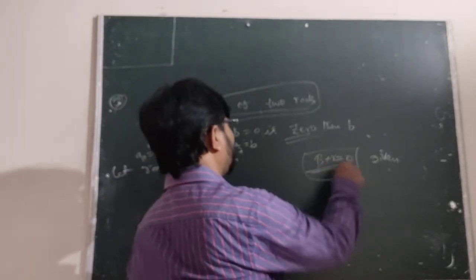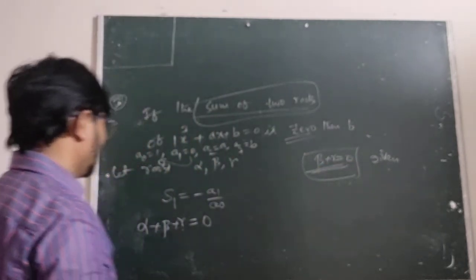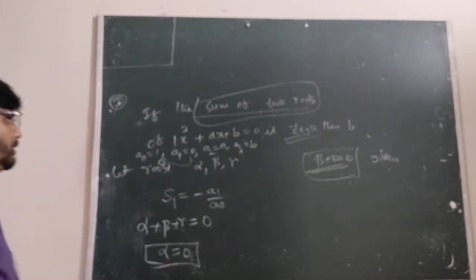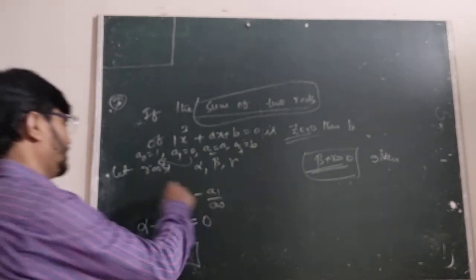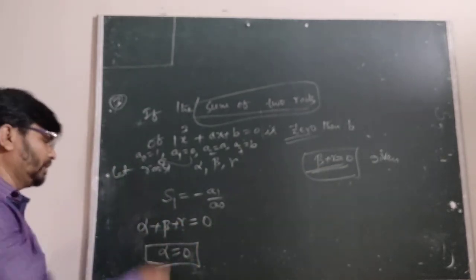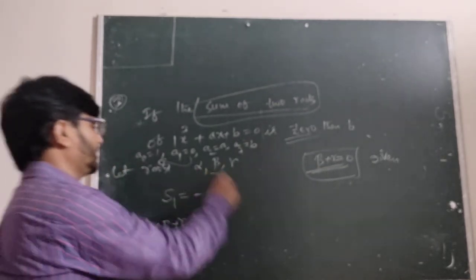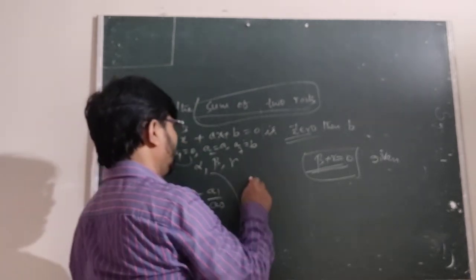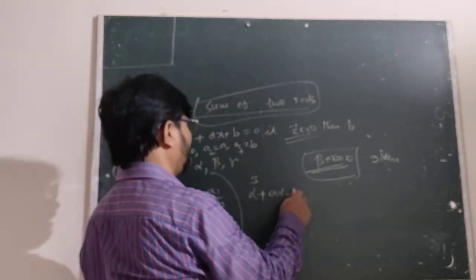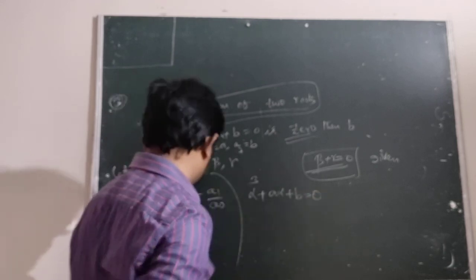Therefore beta plus gamma is 0, therefore alpha is 0. Now substitute here: alpha cube plus a into alpha plus b equal to 0.